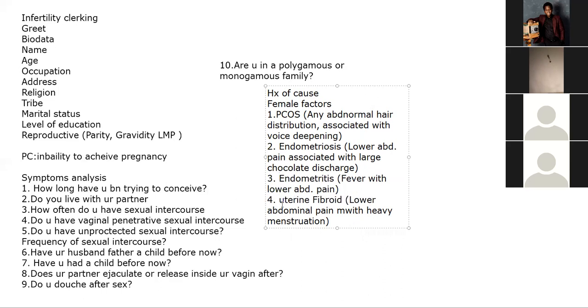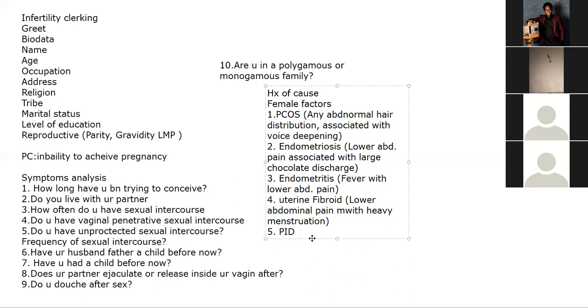We all know what PID is, but you have to be sure because in Nigeria, people use a lot of acronyms. Do you understand? Pelvic inflammatory disease could be one of the major causes of infertility.